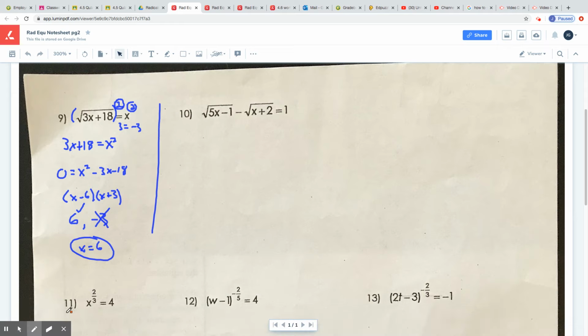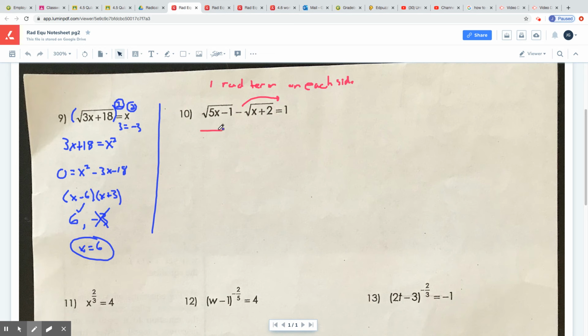Now number 10, a little longer, a little more complicated. We only want to have one radical term on each side. We don't want more than one radical term on each side of the equation, so let's move this over there.